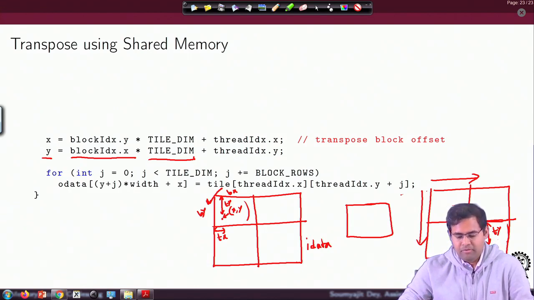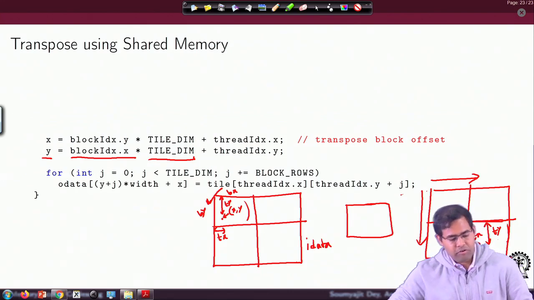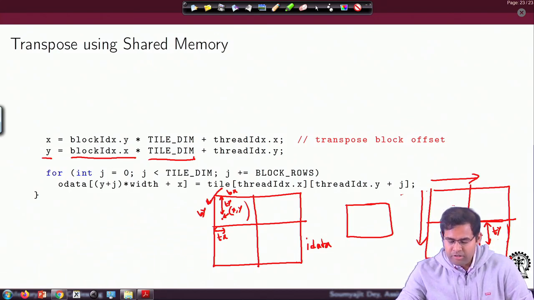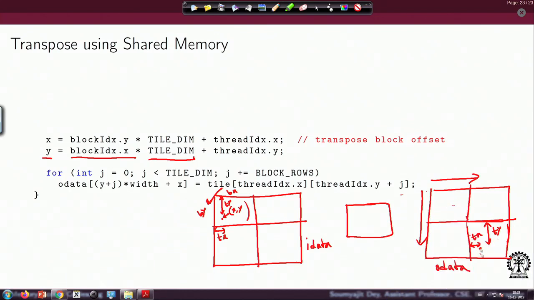Inside the tile, I would have just gone through the corresponding position of the threads and loaded them into the corresponding output data by using the completely flipped x and y, but we are not doing it. I will just reiterate. What we are doing is, we are just computing the x and y in such a way that the relative position of the x and y inside the block is the same, but the block's original location has been flipped, right.